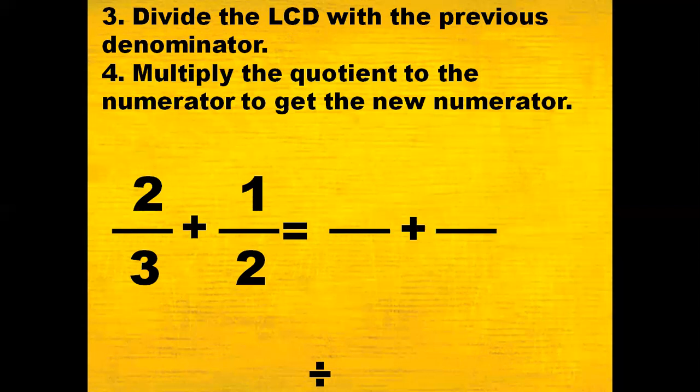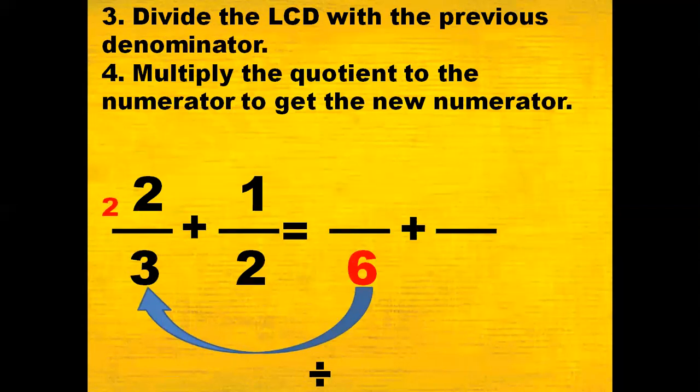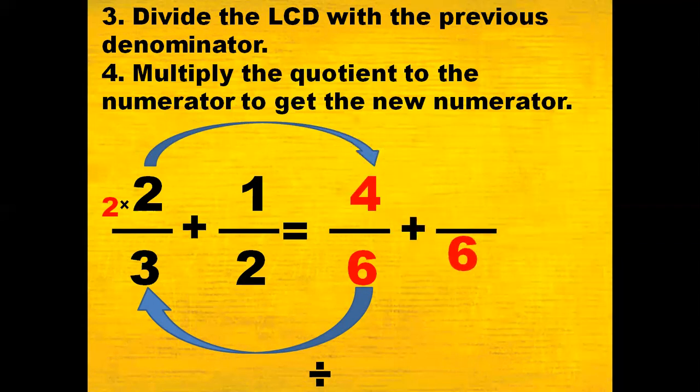The next step: divide the LCD by the previous denominator. Multiply the quotient to the numerator to get the new numerator. So 6 divided by 3, we get 2. 2 times 2, we get 4. 6 divided by 2, we get 3.